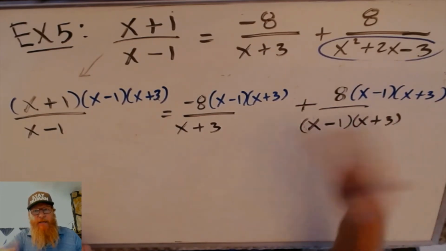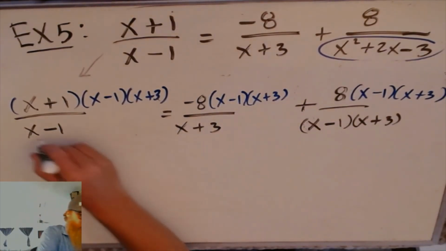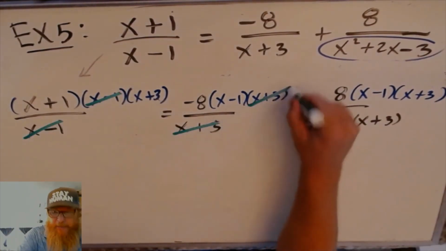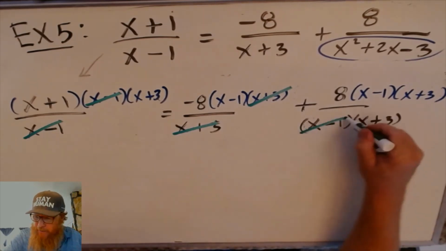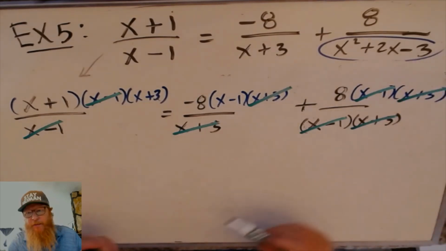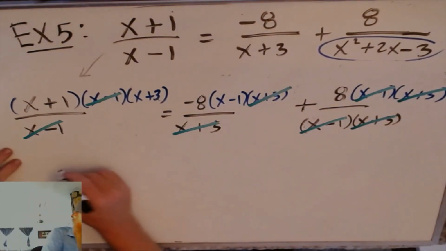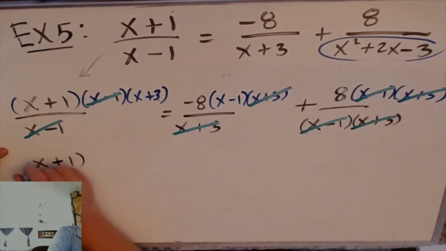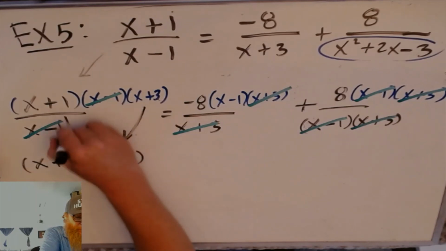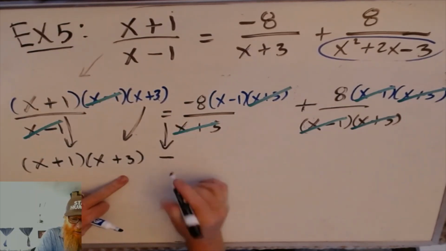And now I'm going to cancel. X minus 1, x minus 1. X plus 3, x plus 3. X minus 1, x minus 1. X plus 3, x plus 3. Now we've got x plus 1, x plus 3 coming down. Equals, bring down that equal sign, don't lose it.